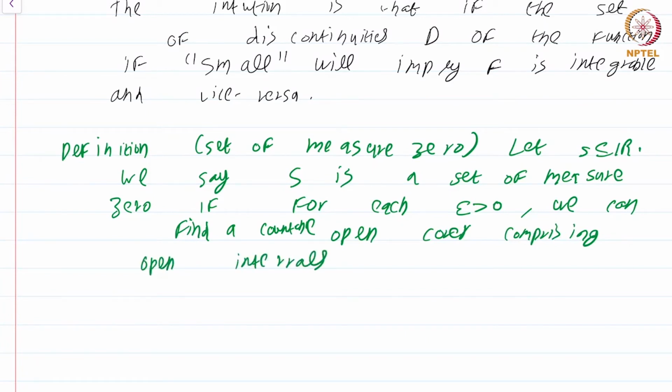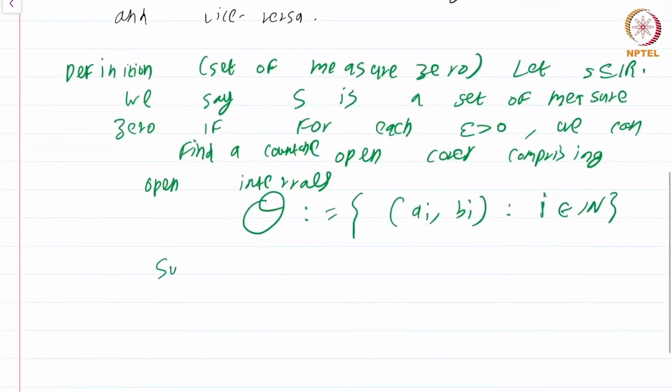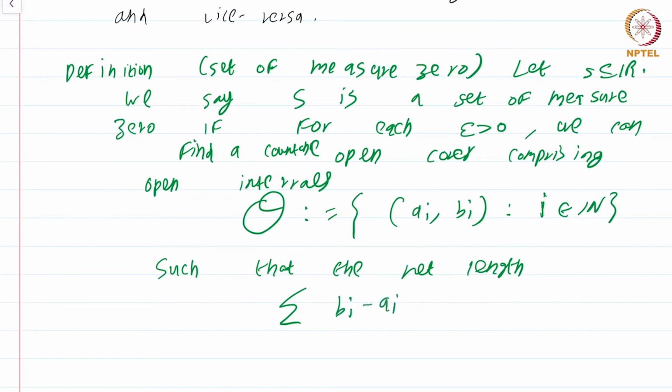Let's call this some fancy O. This is just a collection of open intervals (ai, bi), where i comes from the natural numbers, such that the net length, the summation of bi minus ai, is less than epsilon.